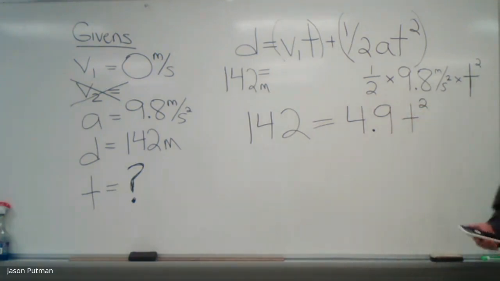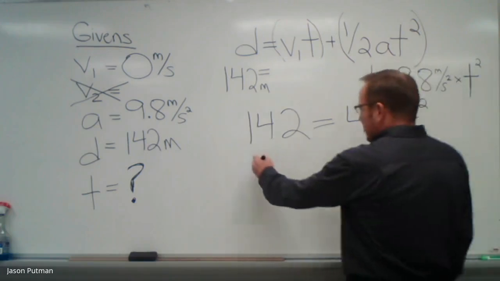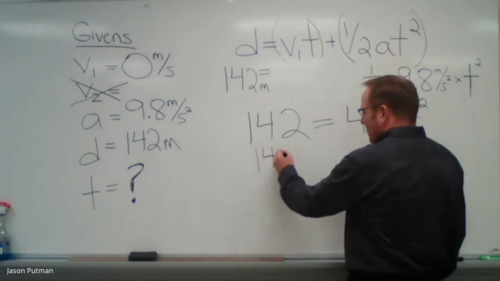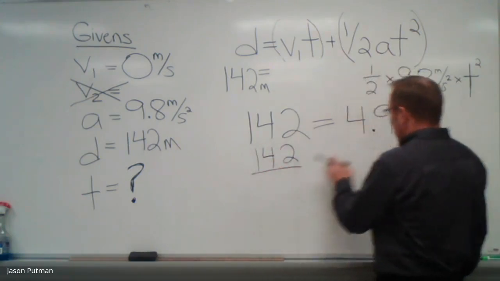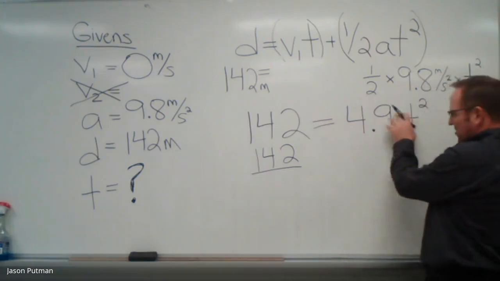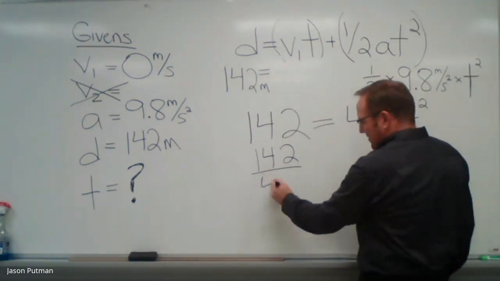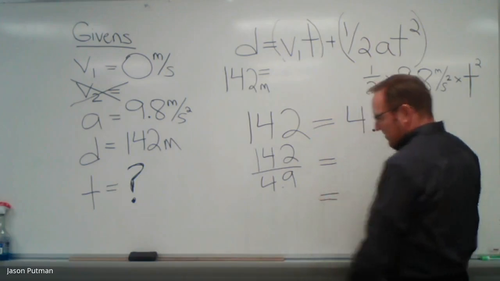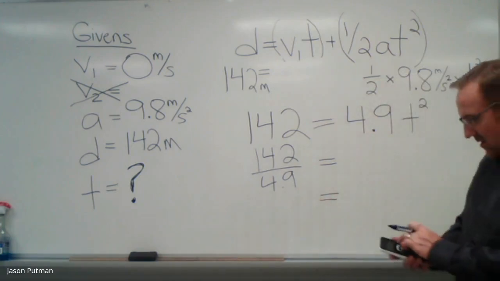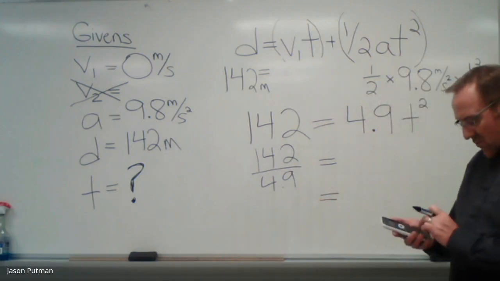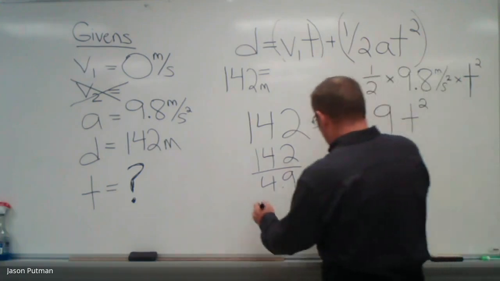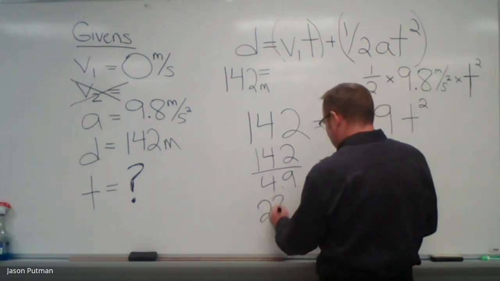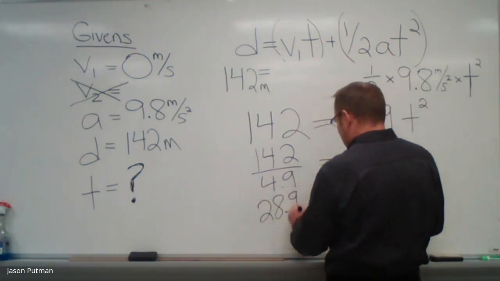And so just keep isolating for time. Take as many lines as you need to get the answer. Just remember, they're not worth marks. So if you bring the 4.9 over, it's multiplication on this side, it would be division, and you get your final answer: 142 divided by 4.9. You get your final answer of 28.98. Right?